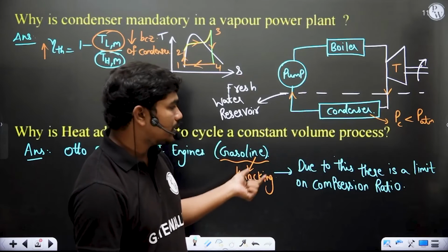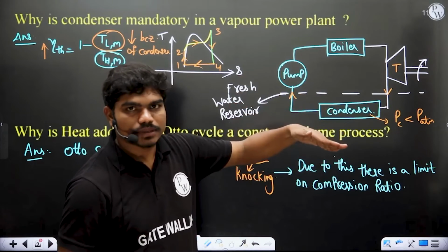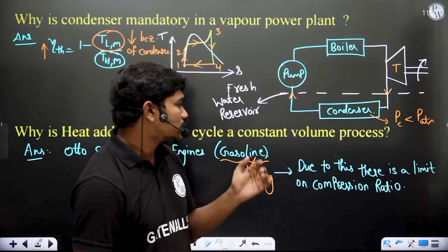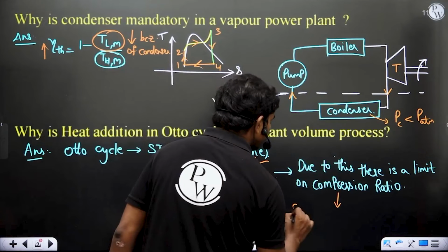Now knocking is the problem, and when there is knocking, you definitely have a limitation on the compression ratio; you cannot go beyond such limits. So therefore we use a spark plug.